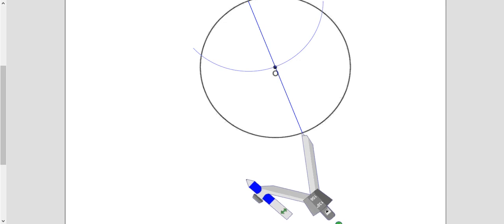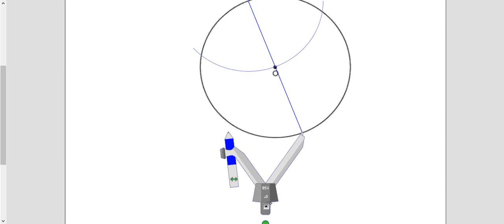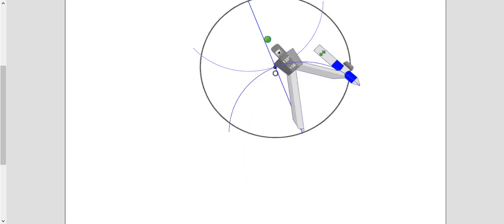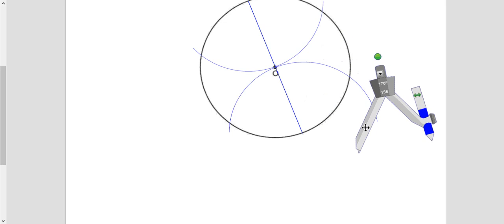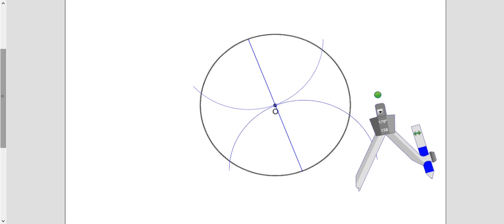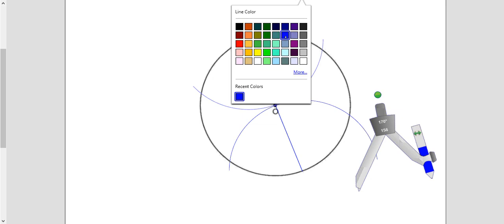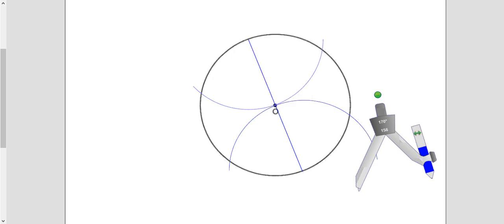Okay. So now I have 6 points to connect. They're all the same length, and I'm just going to connect them. Wait, I don't have to do the full circle. You can, but you don't have to.